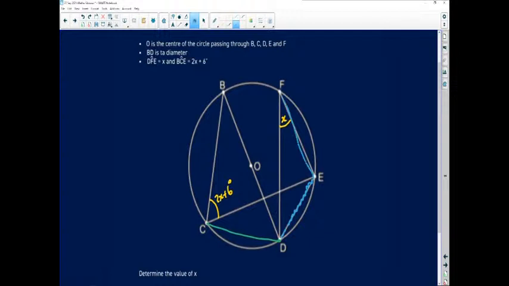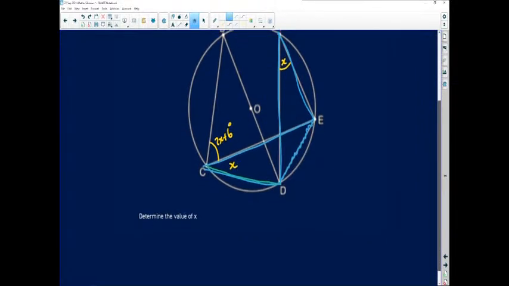It subtends the angle x, and it also subtends the angle DCE at the bottom. What do we know about a relationship such as this one? We know that the angles subtended by the same chord on the same segment are going to be equal. So here we're going to have the value x as well.